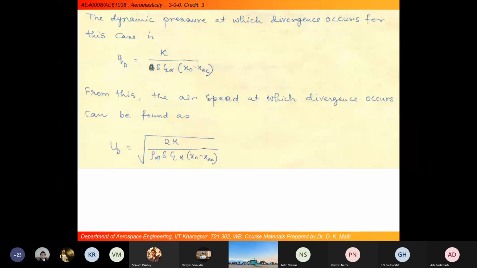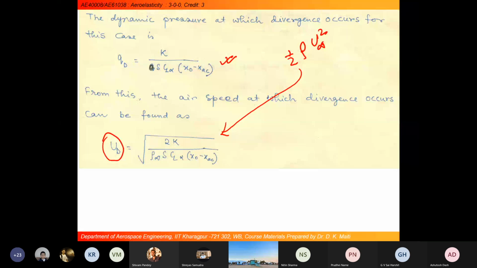This is the dynamic pressure. Then taking this relation, half rho infinity square, and substituting this, we can calculate the divergence speed, that is twice K divided by rho S CL alpha x naught minus XAC.